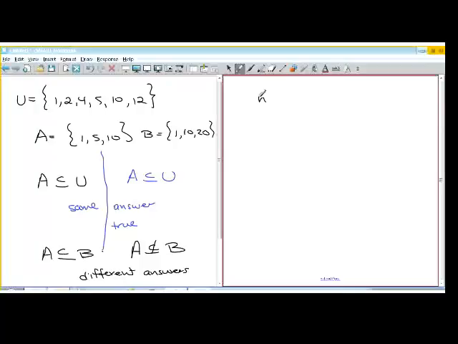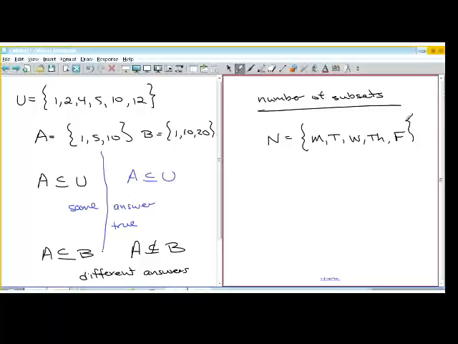And then the final problem involves the number of subsets. So we talked about that in class, and don't list anything out. You got a formula for that, actually for both, the number of subsets and the number of proper subsets. So let's say set N is, again, Monday, Tuesday, Wednesday, Thursday, Friday.